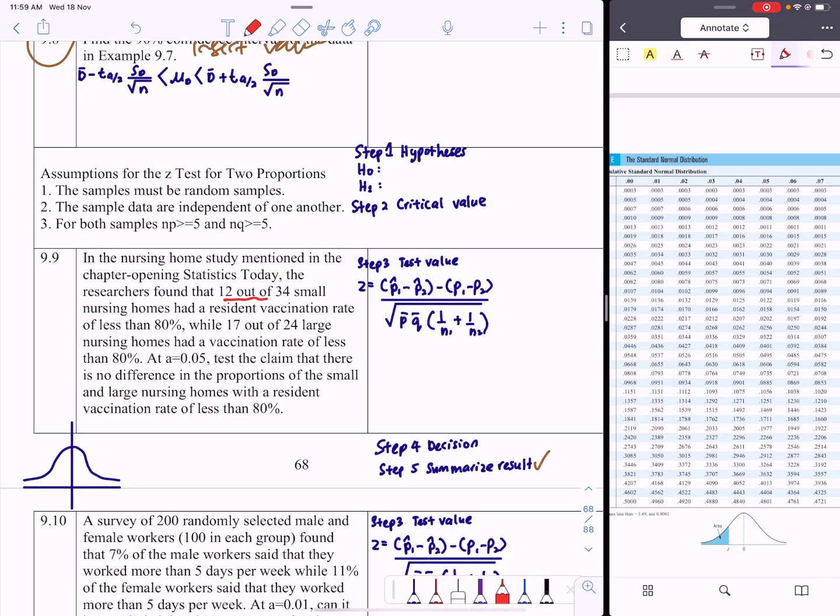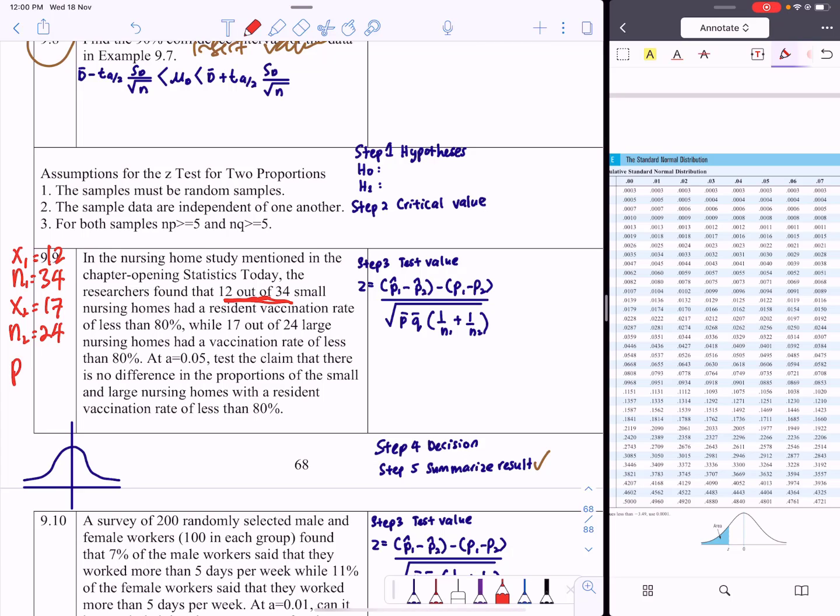This one is for the sample, of course. We have n1 equals 34, x1 equals 12. It's better for us to write x1 first, and then we have x2, 17, and n2, 24.